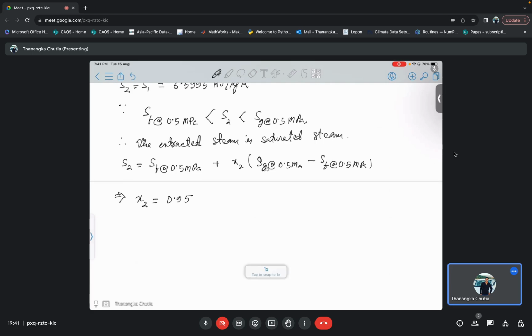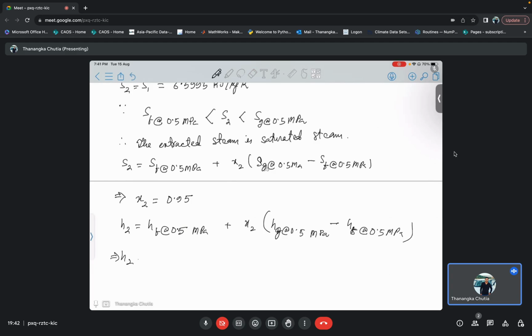Then we can calculate h2. h2 is nothing but hf at 0.5 megapascal plus x2 times hg at 0.5 megapascal minus hf at 0.5 megapascal.